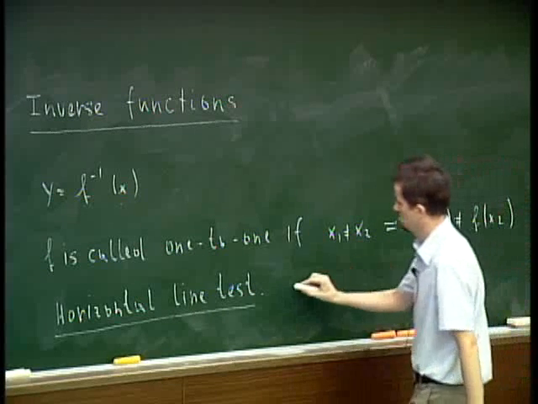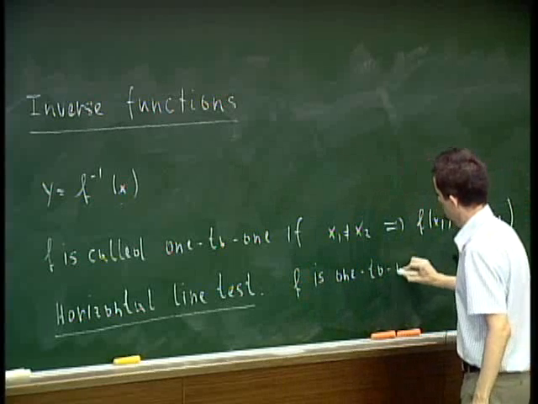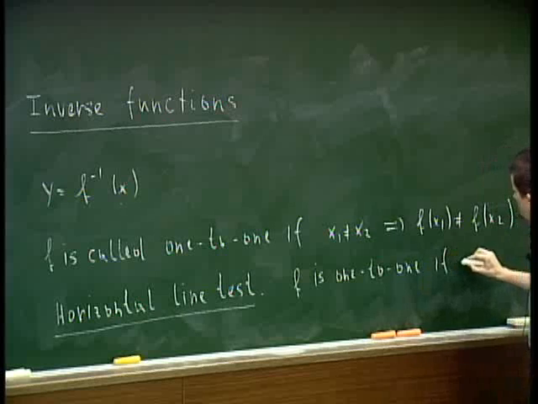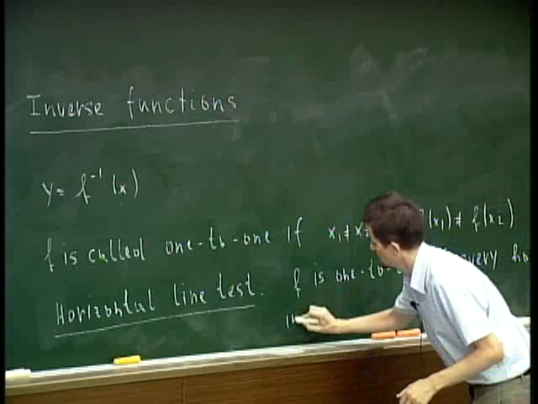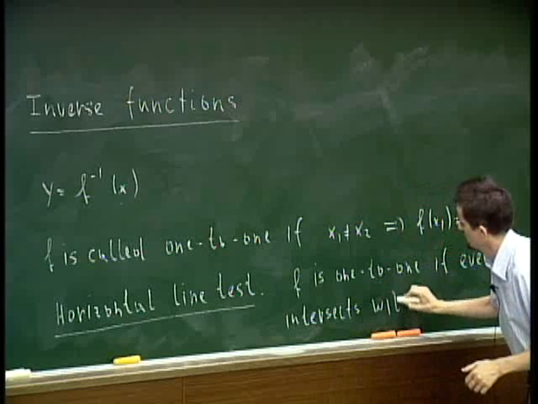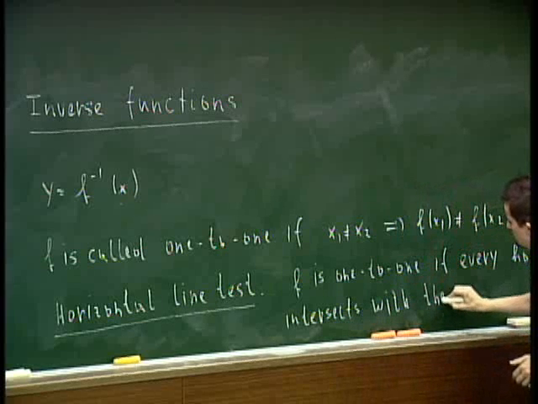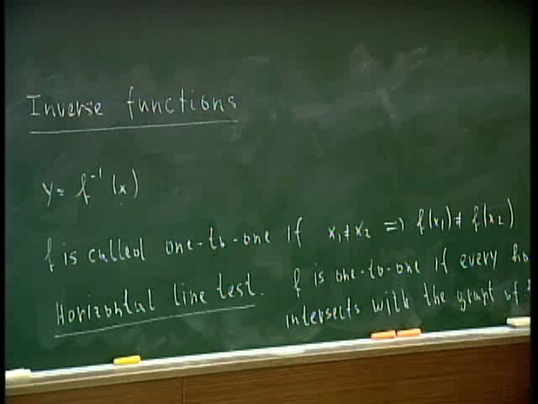So f is 1-to-1 if every horizontal line intersects the graph of f in at most one point.